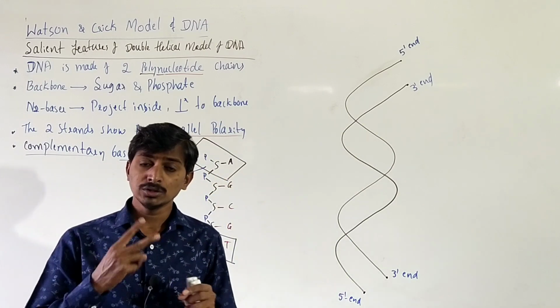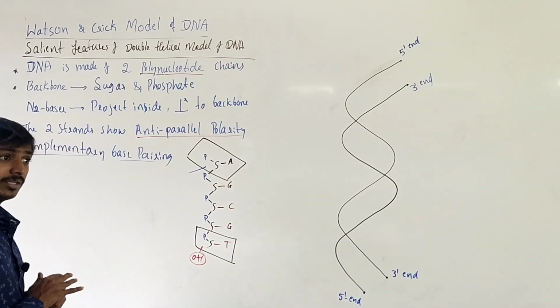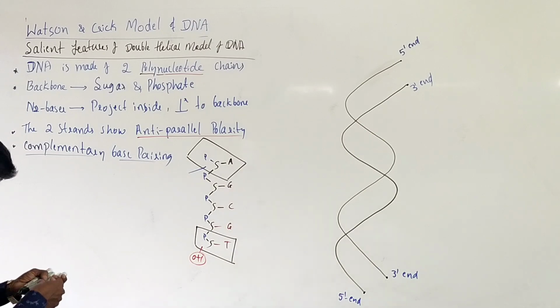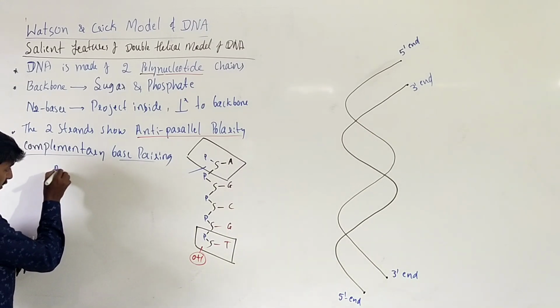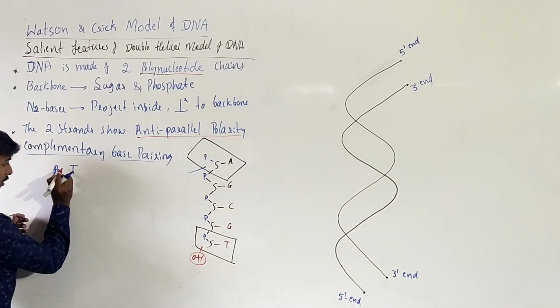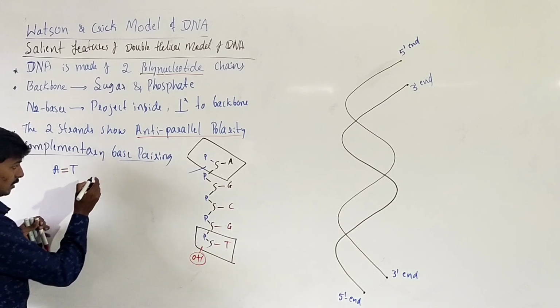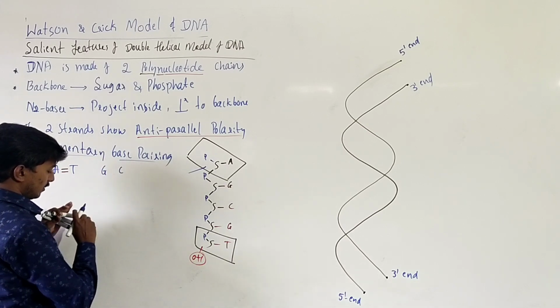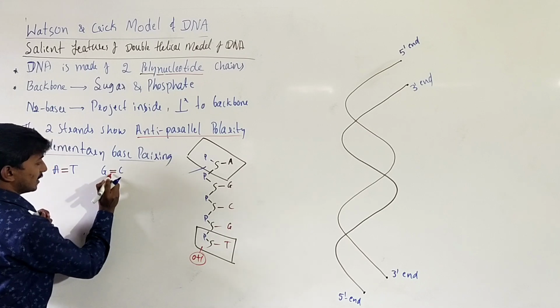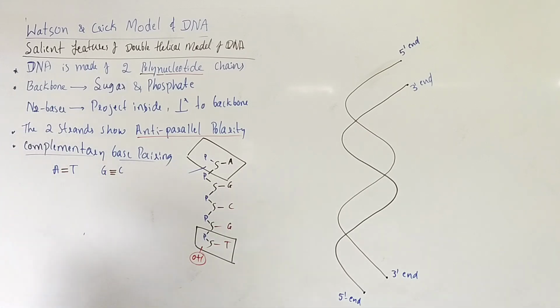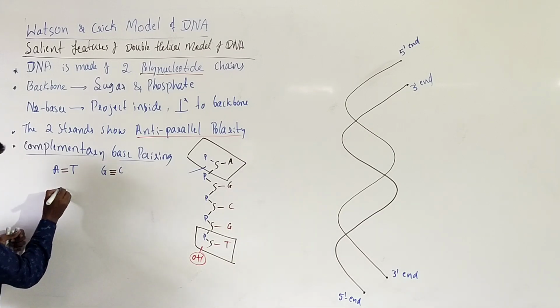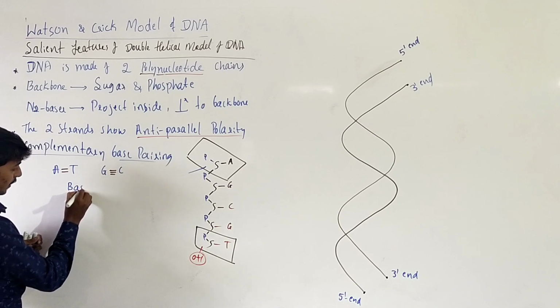Adenine and thymine form 2 hydrogen bonds; guanine and cytosine form 3 hydrogen bonds. So this will make one base pair.